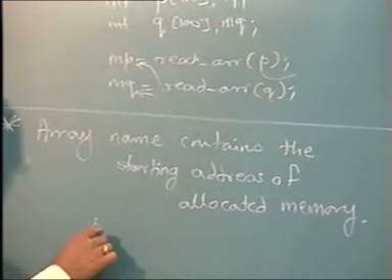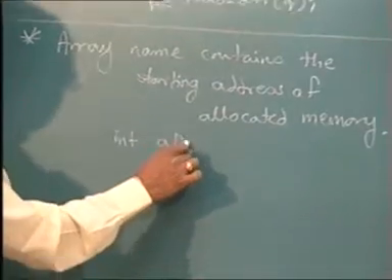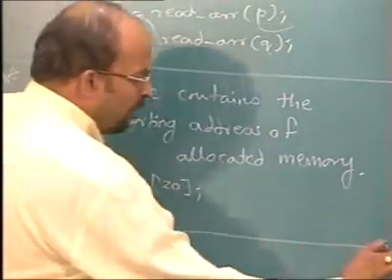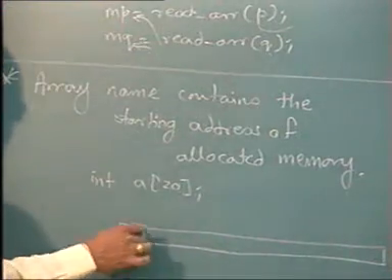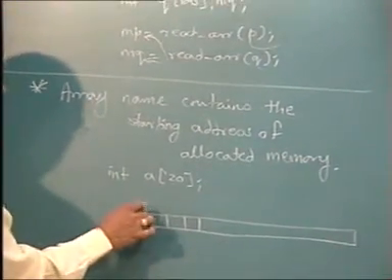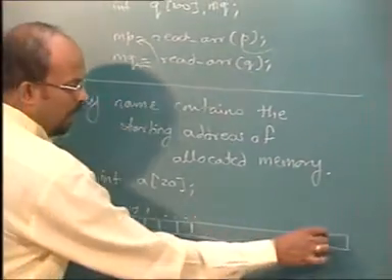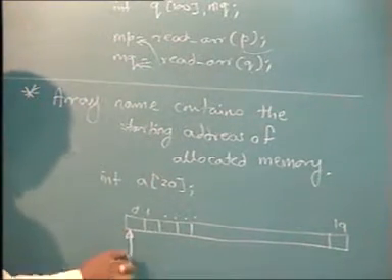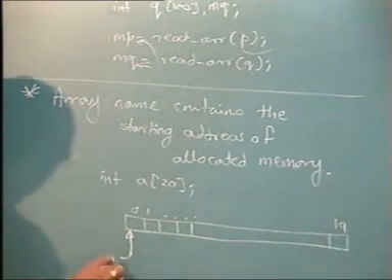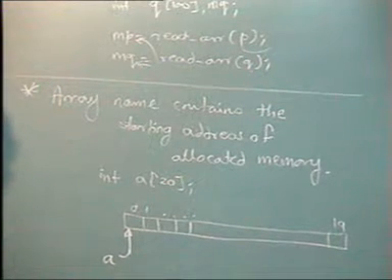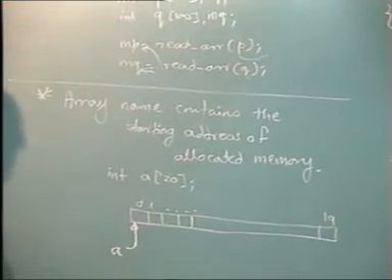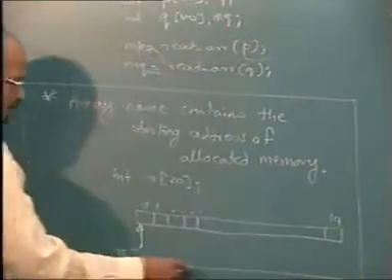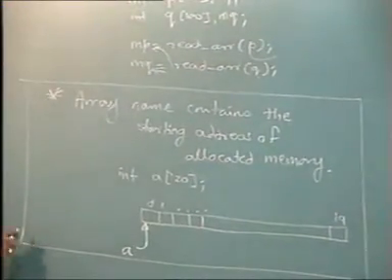That means if you have declared int a[20], then there will be memory allocation of in all 40 bytes, position 0, position 1, etc. up to position 19. And the array name will contain the address of this location, that will be A. One of the very important points is that the array name contains the starting address of the allocated memory.